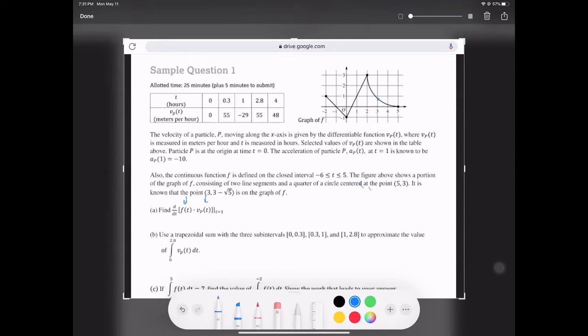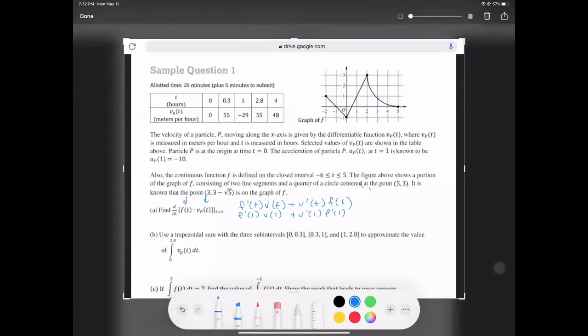So what's so special about those functions? They're just multiplying, right? So just do product rule. The big idea is take the derivative. F prime of t is leave v alone, f prime of t, plus v prime of t, leave f alone. We're plugging in the value 1: f prime at 1 times v of 1, plus v prime of 1 times f at 1.